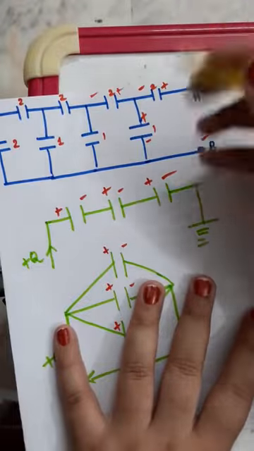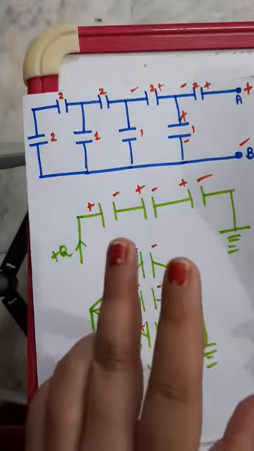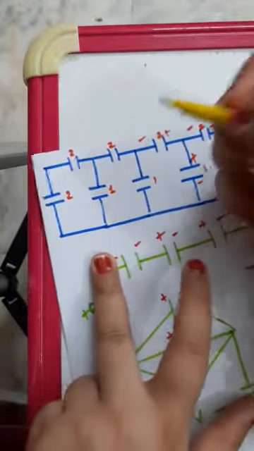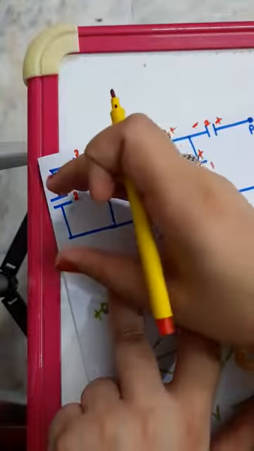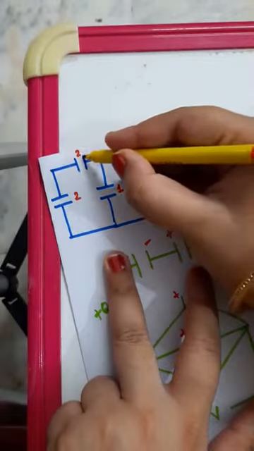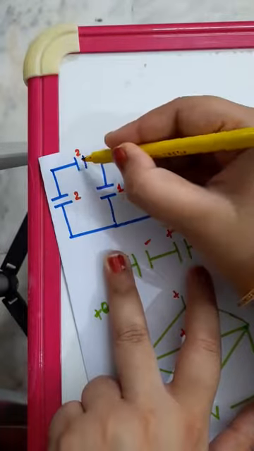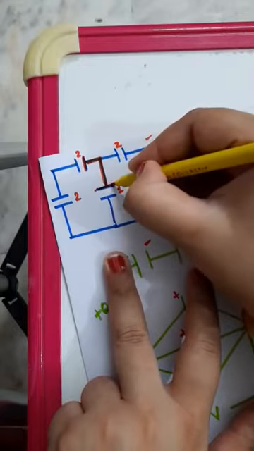So overall, this circuit goes like this. If you have a closer look, and begin to solve from the left hand side of this network, you would see that the plates are connected together.